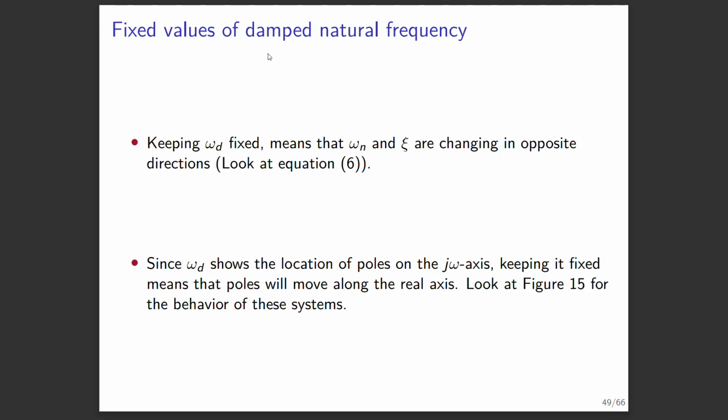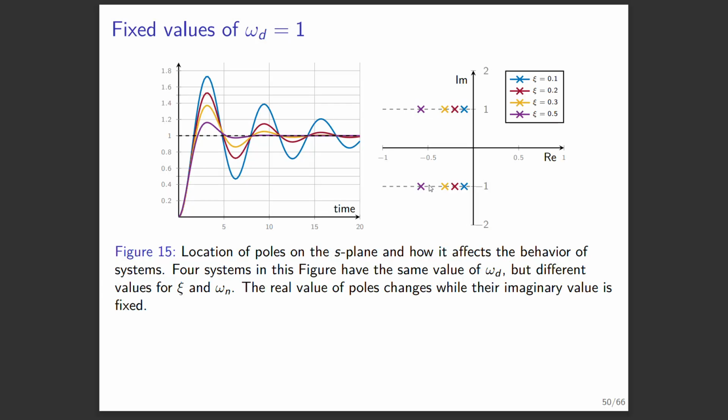What if we fix the value of damped natural frequency, or omega d? Well, omega d is this. So if I have systems that have the same damped natural frequency, their poles are going to move horizontally because this is omega d. They're going to have different omega n and c. They are going to have identical omega d, which means their poles are going to move horizontally.